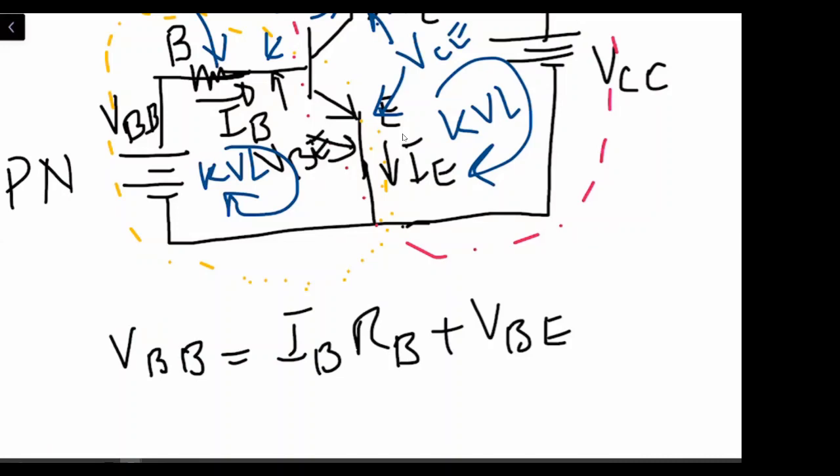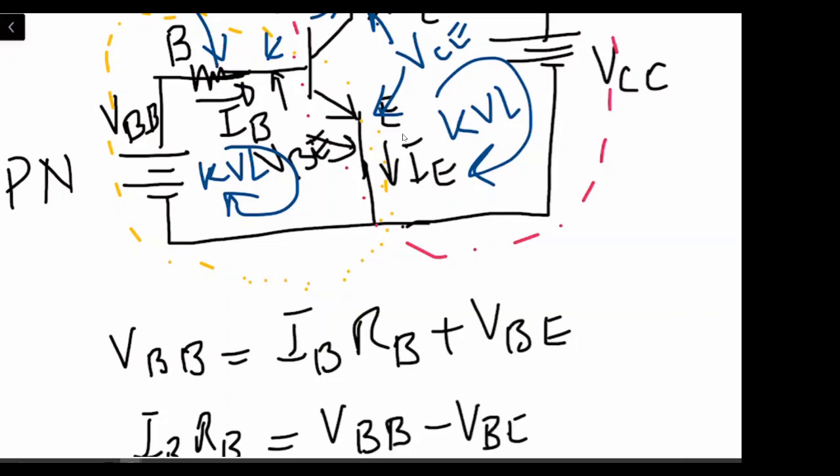Are you with me? Yes, sir. And similarly, we can say IB RB is equal to VBB minus VBE, right?